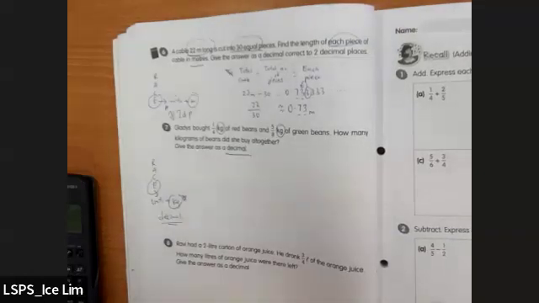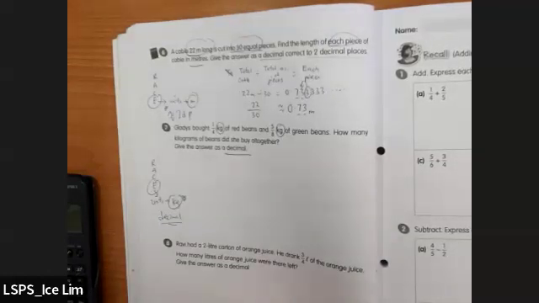Okay, come put it on the screen, show me your numberless equation for question 10. Yes, straight to the screen. The numberless equation for question 7.